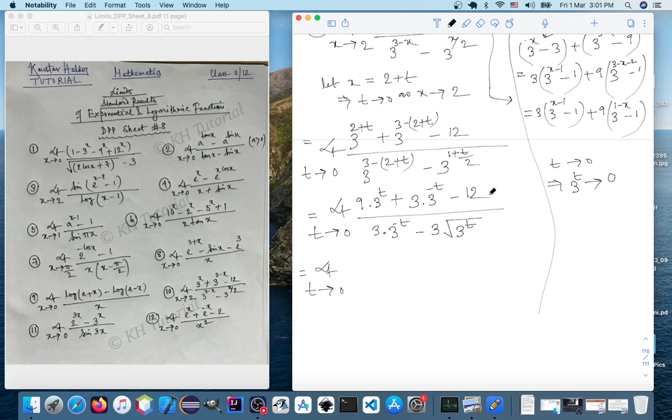Now we will write minus 12 as minus 9 minus 3, and from here we take 9 common, 3 to the power t minus 1, and from here 3 common, minus t minus 1.